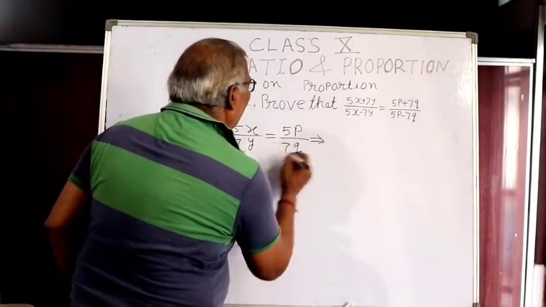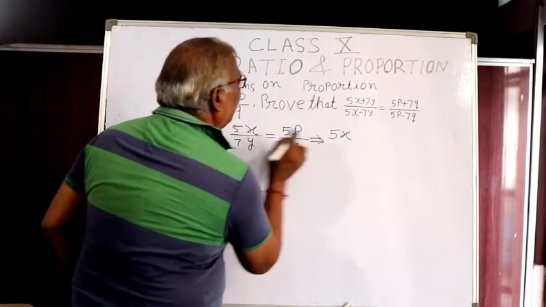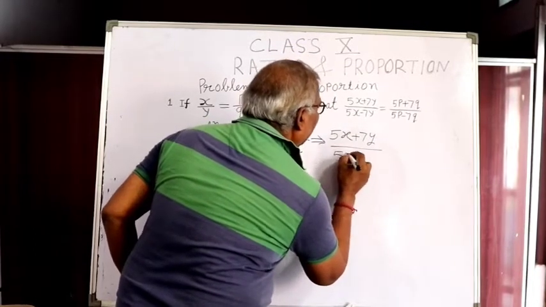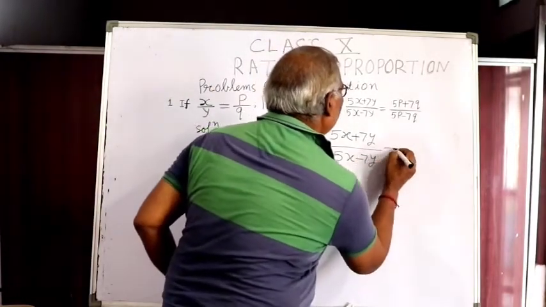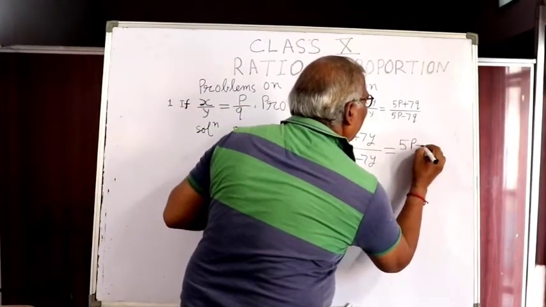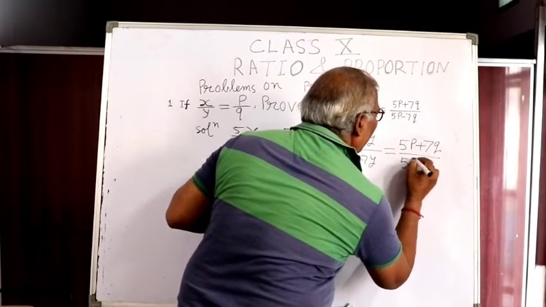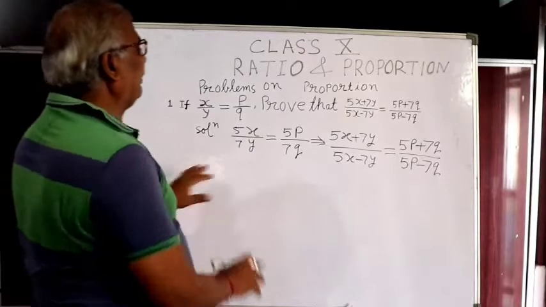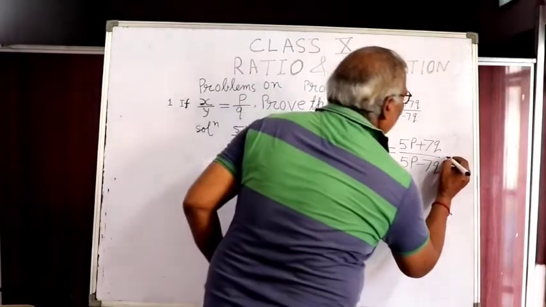So applying the componendo and dividendo rule, we get numerator plus denominator upon numerator minus denominator is equal to 5p plus 7q upon 5p minus 7q. Hence we get the result. By applying the componendo and dividendo rule, hence proved.